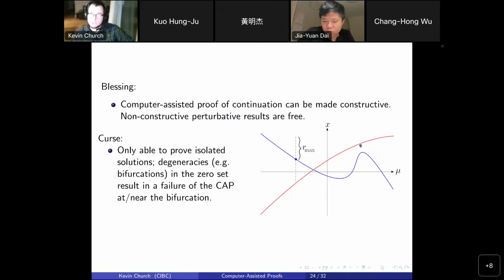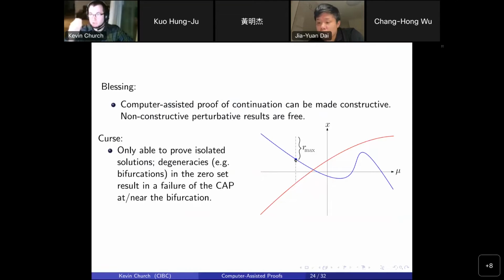Here's a sort of cartoon diagram of maybe a plot of zeros with respect to a parameter. I'm going to call it mu. So for instance, if I want to prove this zero over here, this blue dot, then what I didn't talk about before, that parameter in the proof, computer-assisted proof, the R, is a parameter that basically says how much isolation we have of our zero.